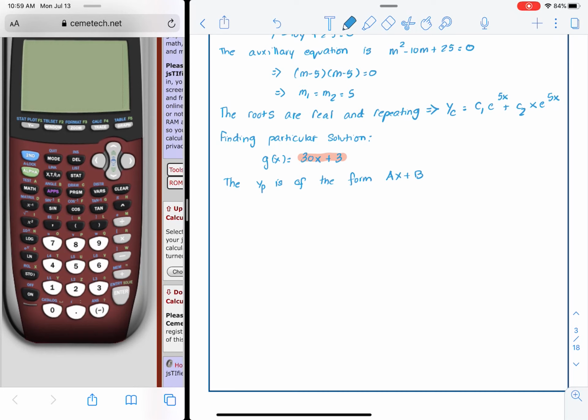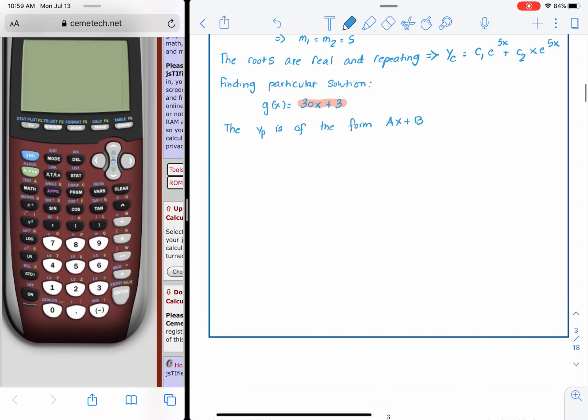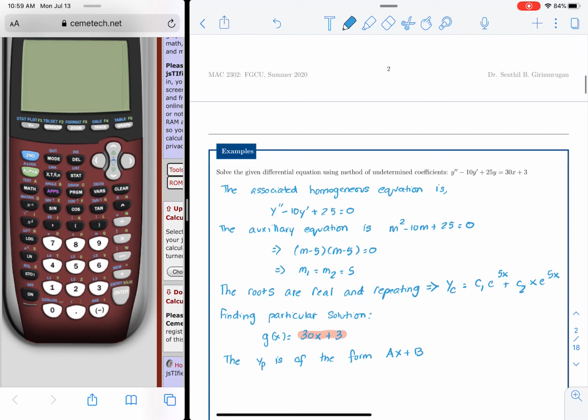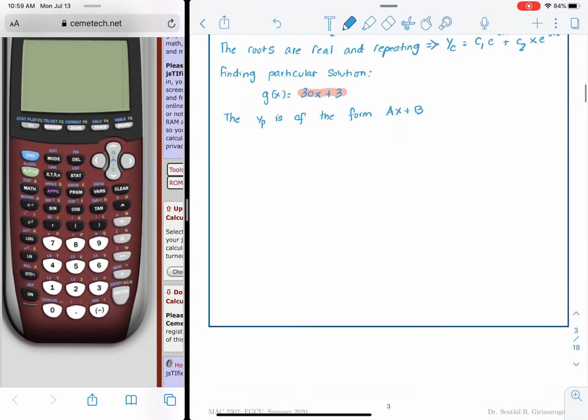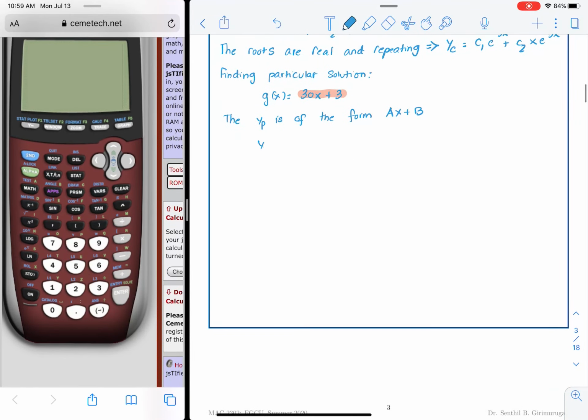So what we have to do is we have to start with yp, which is ax plus b, and this is a second order differential equation. So yp prime would simply be a, and yp double prime is 0.